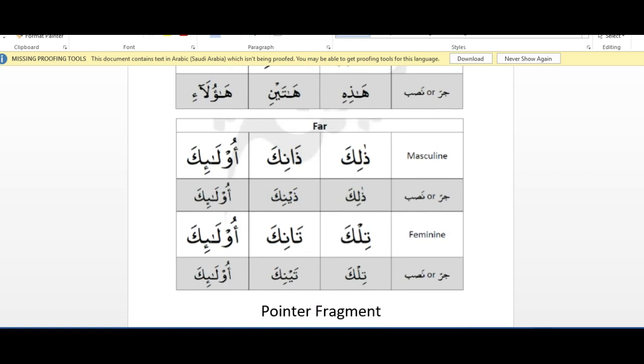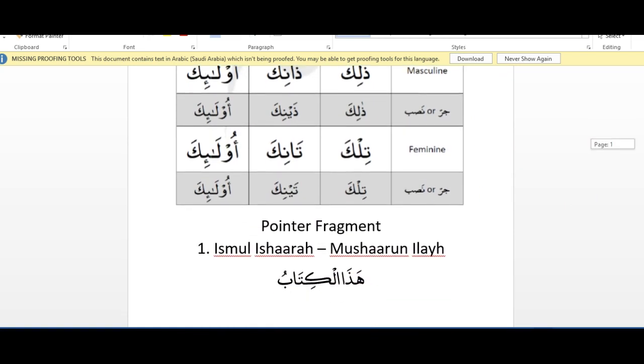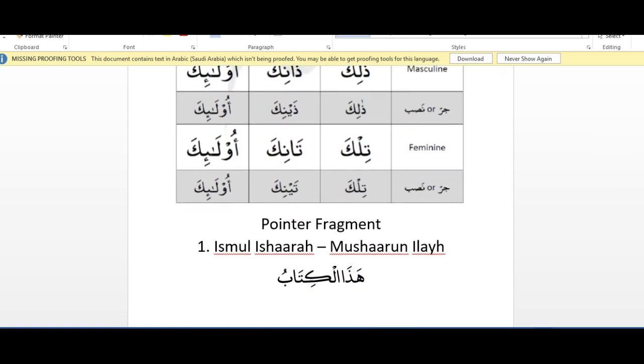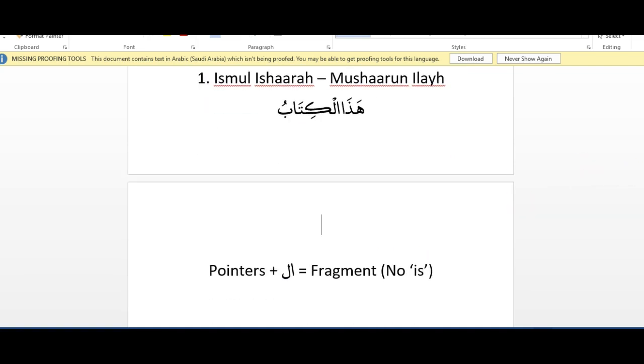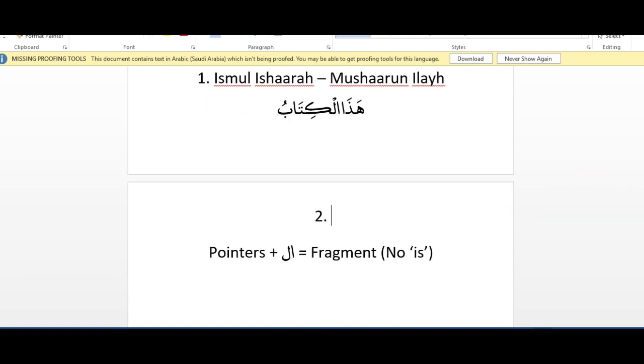And if you think back to the Muslimun chart, when it comes to Arabic words, anything in pair, like Muslimani, it will be in rafa, Muslimaini would be nasab and jar. So ani will always be rafa, aini will always be nasab or jar when it comes to two of something in Arabic. So the second point is that the pointers are all non-flexible except pairs.